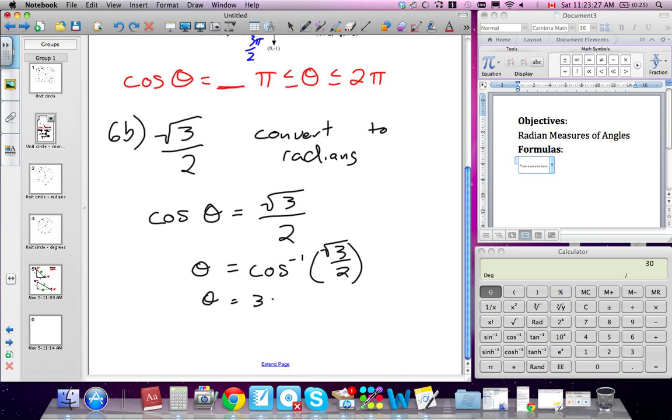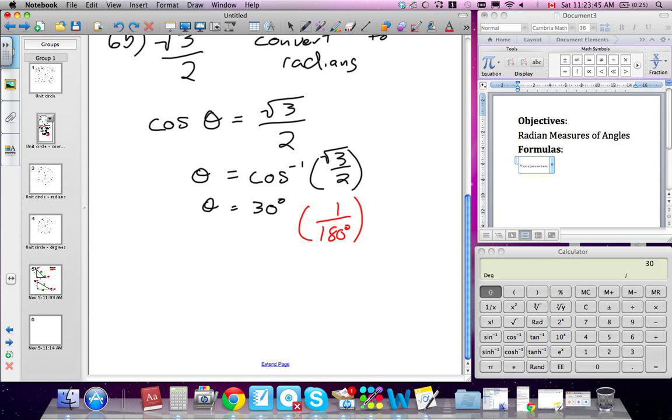Now one of the formulas, when we're going from degrees to radians, we're actually going to be multiplying that by pi over 180 degrees. Okay, does this make sense so far? Yeah. Okay. Then when I multiply that, I'm left with 30 over 180.